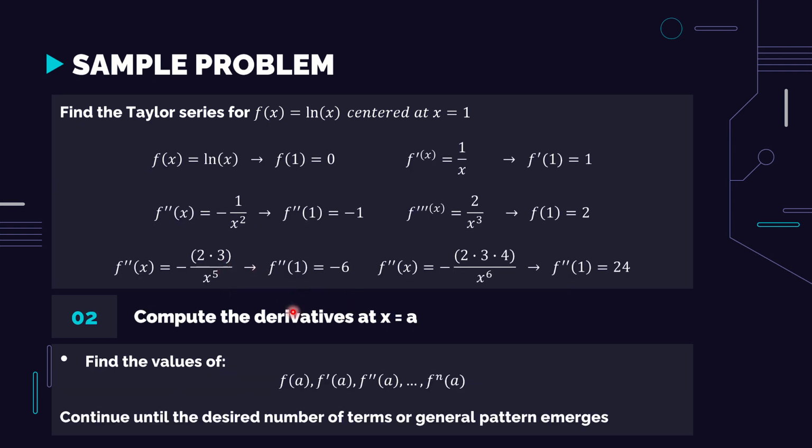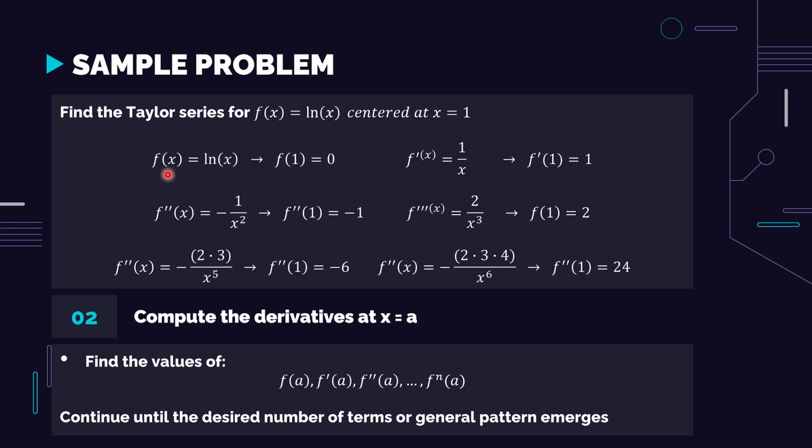Next, step number 2: compute the derivatives at x equals a. We already know that a is equal to 1. To apply this second step, let's start by differentiating our original function, and then evaluate at x equals a.